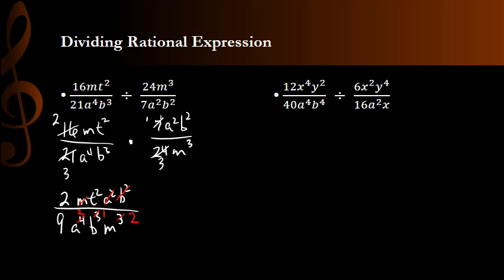Okay, I think that's about as far as I can go. So that would leave me with 2t squared over 9a squared b m squared. 2t squared over 9a b m squared.